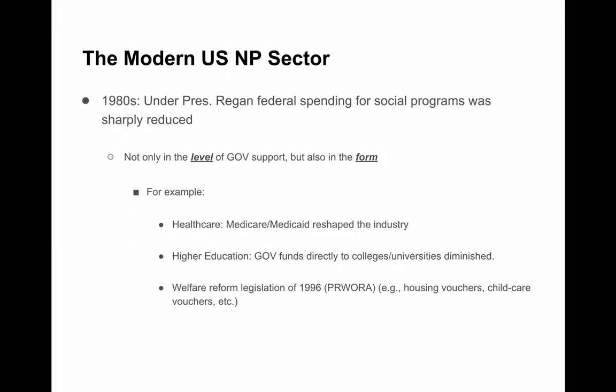The government funds directed to colleges and universities declined sharply, and nowadays it's continuing to decline. So higher education institutions need to figure out how they can increase their revenue. Most of them mainly rely on students' tuition, like a service fee idea, right? And also big donors, especially donations from corporations and from big donors.